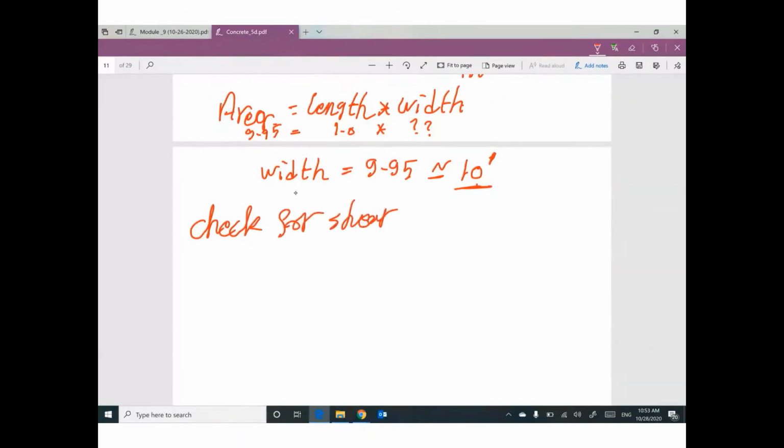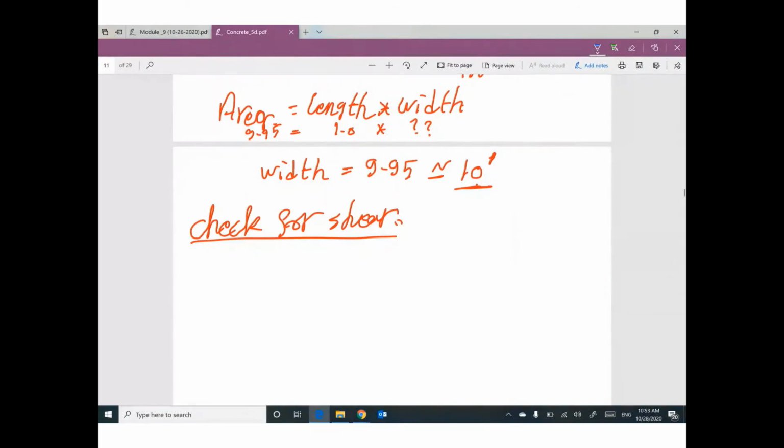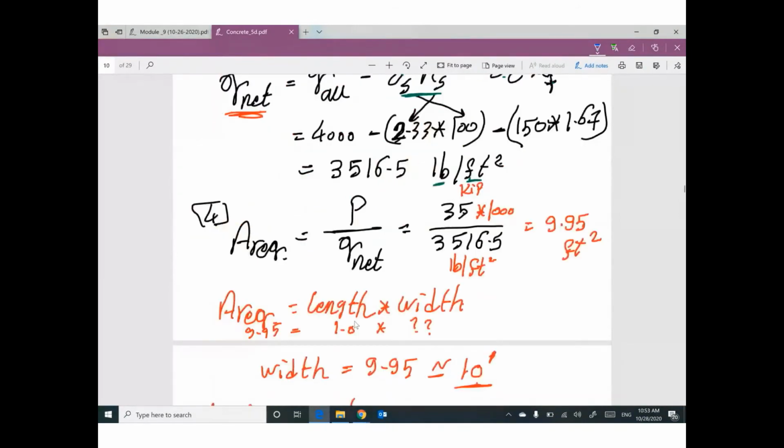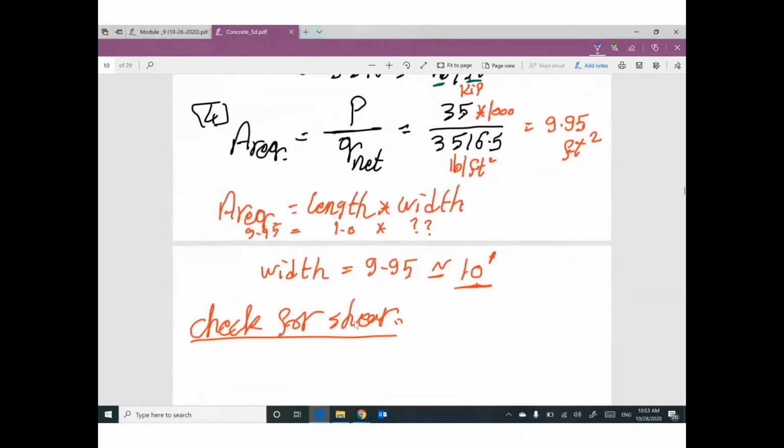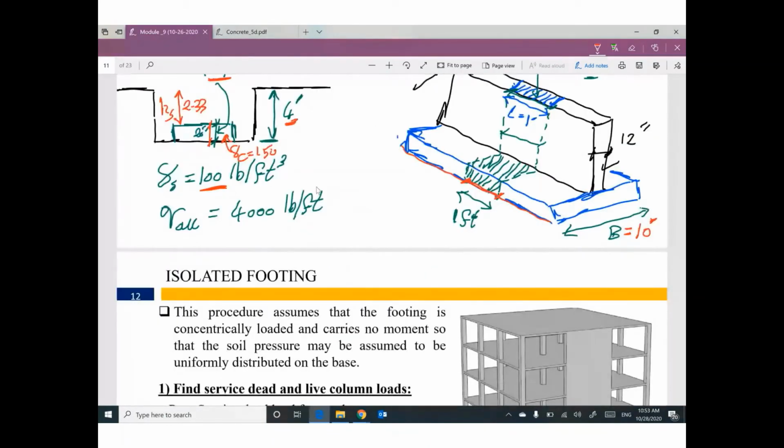Yes. Before we move on, can I ask something really quick? Yeah. The width we just calculated, it's 10 feet for 1 foot unit length of the wall. This width is for the whole wall, but we are talking about only unit length.